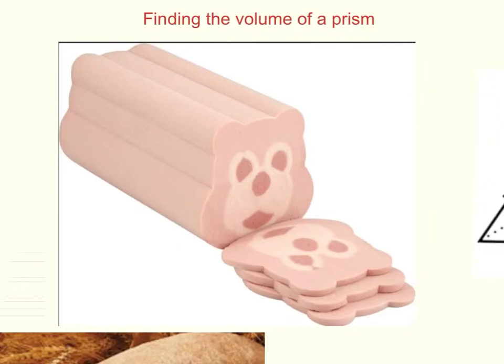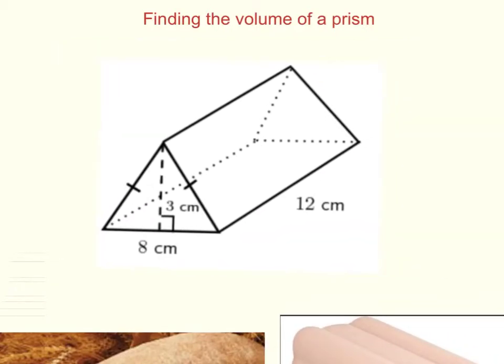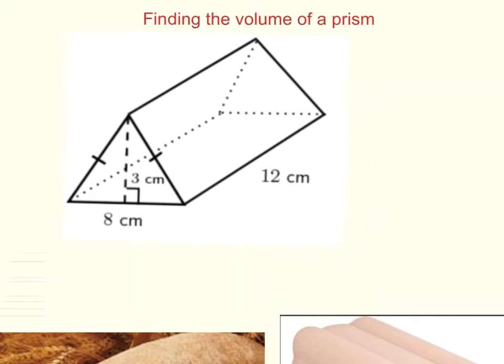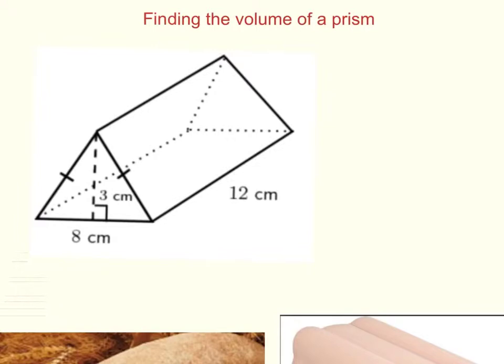So these are some examples in the real world, but what we like in maths is ones that look more like this. You'll be familiar with the shape at the front, because we've been looking at it this week.